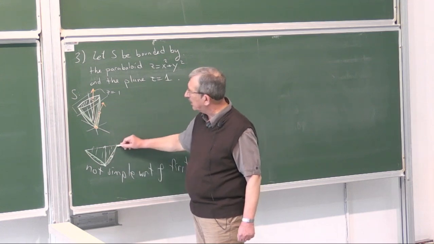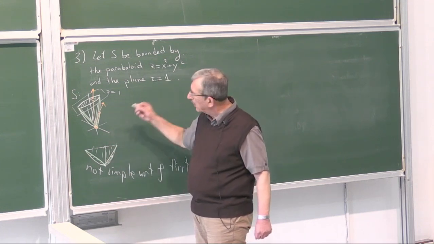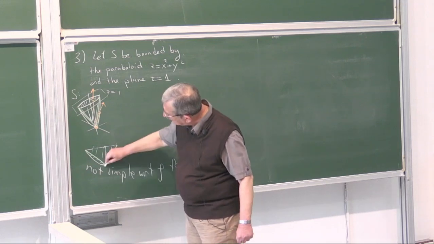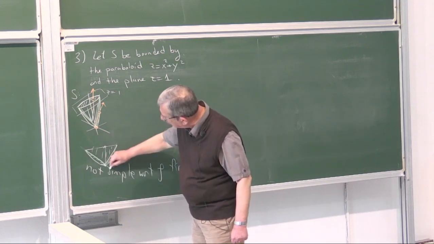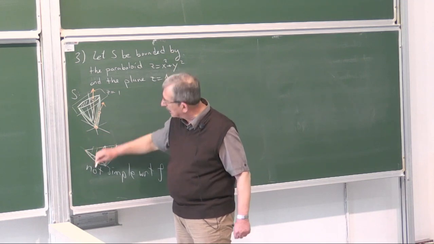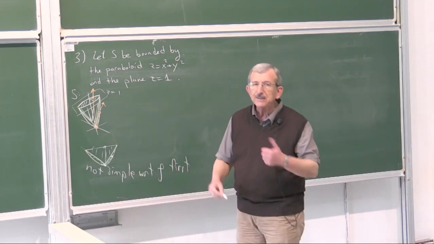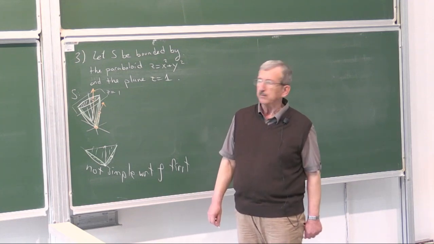These are vertical lines. Or in the second part, you start from the origin, but you are always below this cone, so you leave from the paraboloid all the time, which means that both of them are simple.